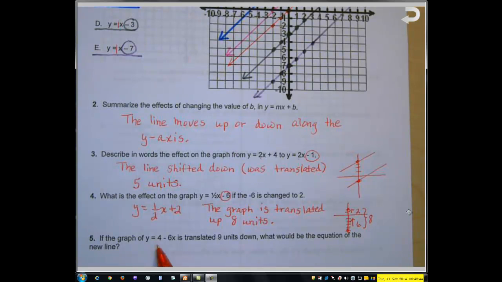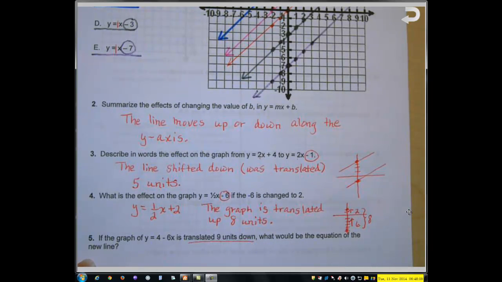If the graph of y equals 4 minus 6x is translated 9 units down, what would be the equation of the new line? If we are translating the graph 9 units down, that means we are going to change the y-intercept. And if we're going down, we're going to subtract from the y-intercept.